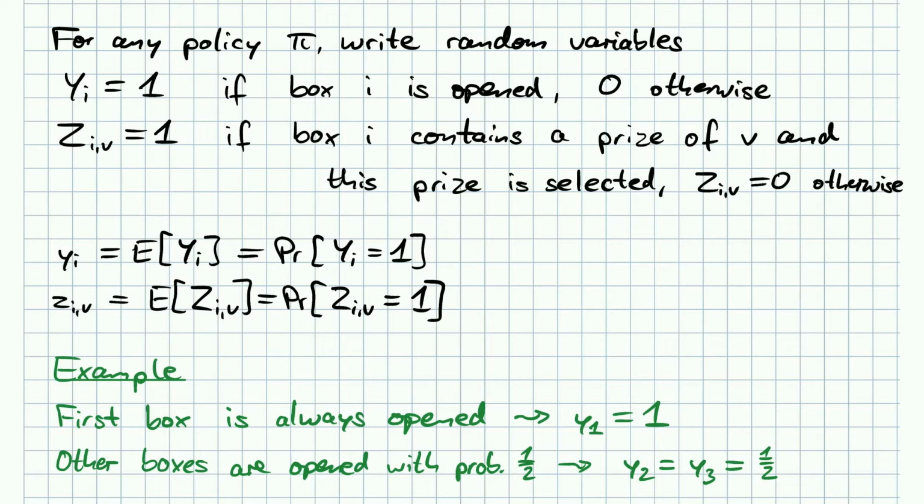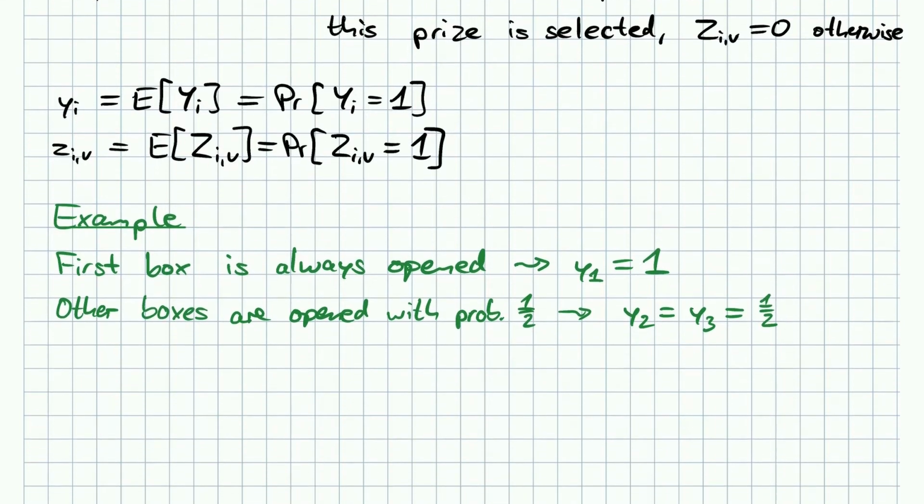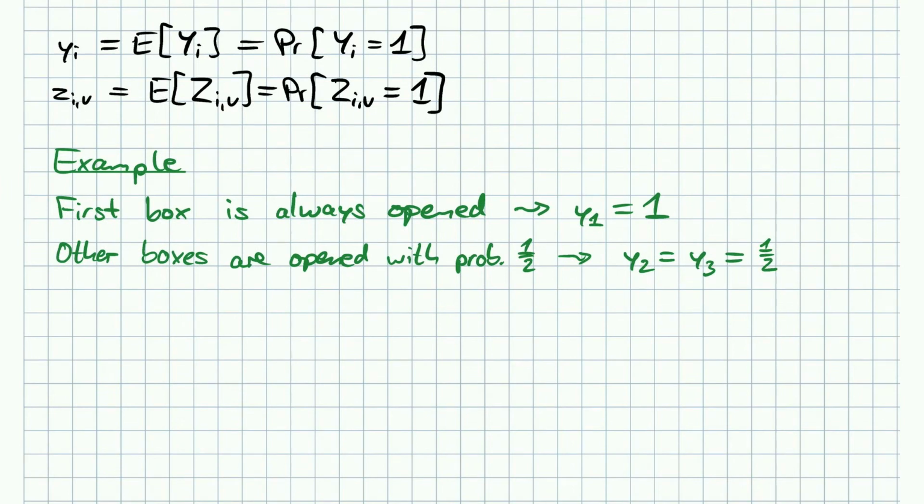Now let's talk about these small z_{i,v}. What would z_{1,24} be? Well, what does this mean? This means that we are opening box 1 and we are taking home the prize of 24 from box 1.